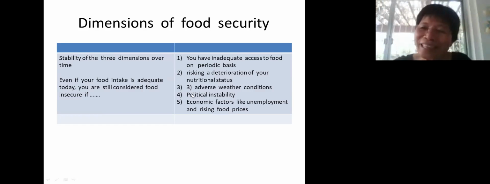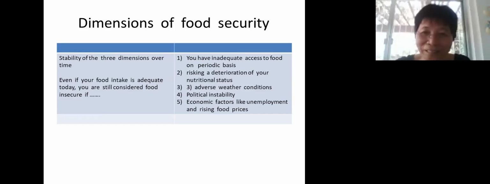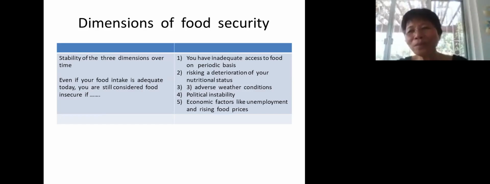And I think the fourth one is political instability. Sometimes the president has been there for too long, for decades. That is also political instability because they bring in their own warlords. Those who are loyal to them get their food, while those who are not loyal to the head of the government do not.